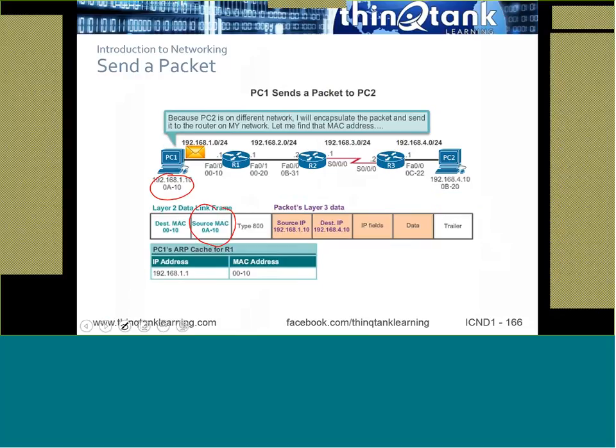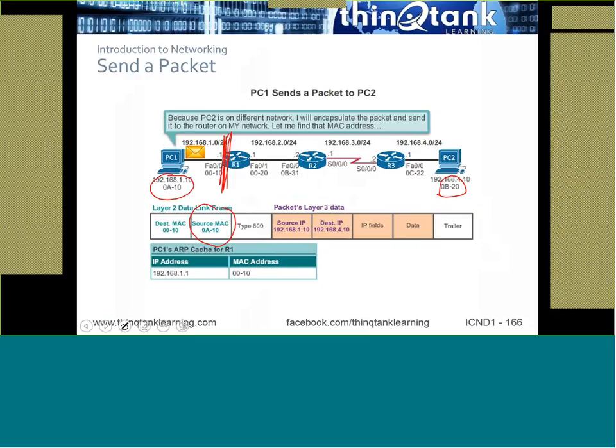But look at the destination MAC address. The destination MAC address is not 0B20. Why? Because this is layer 2, which means that layer 2's reachability stops at the layer 3 device.